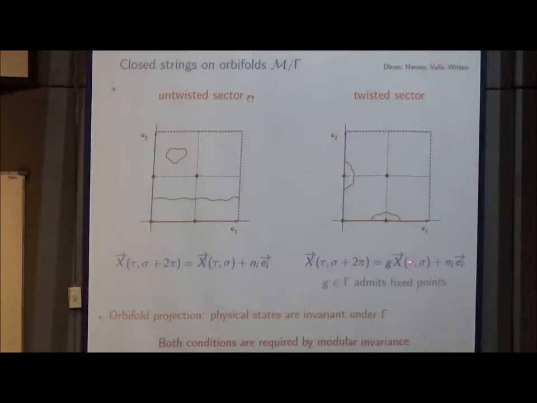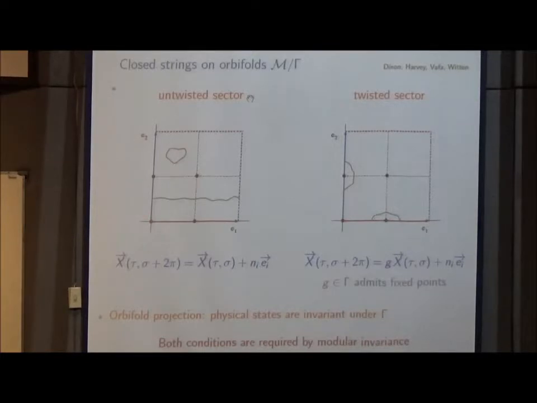Now for the twisted sector, what happens is that this string here is also closed, in the sense that this point here and this one are identified by one of the elements of the group that you are taking the quotient by. So if these two points are identified by the group, then these strings are also closed.